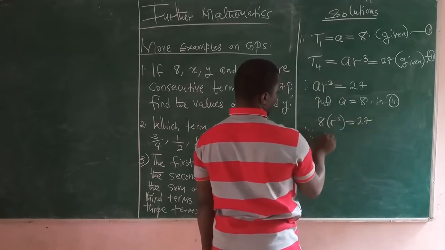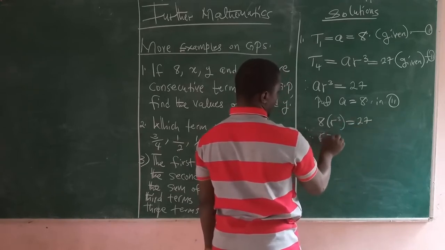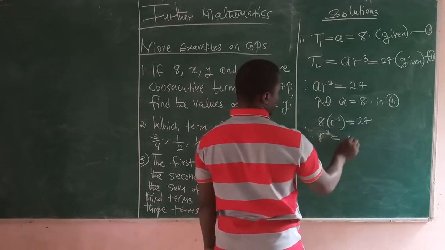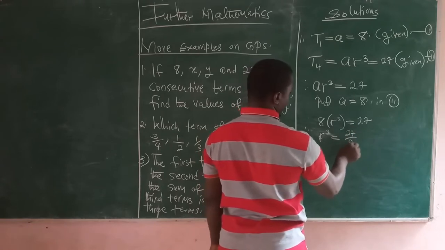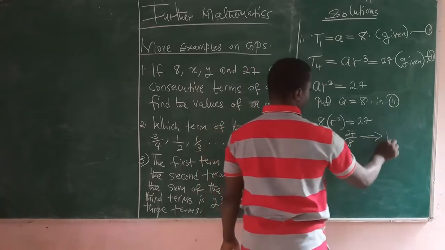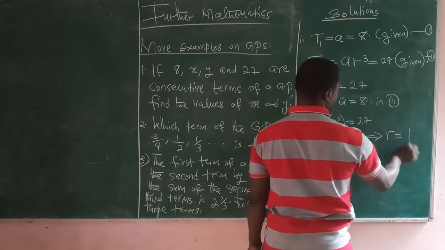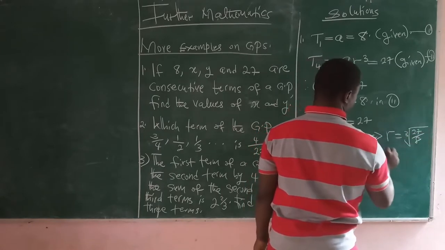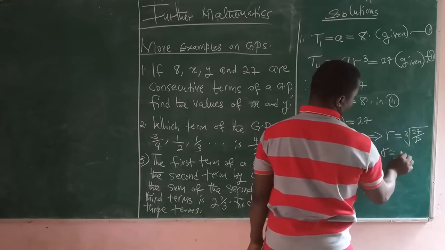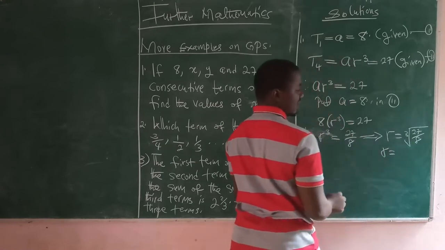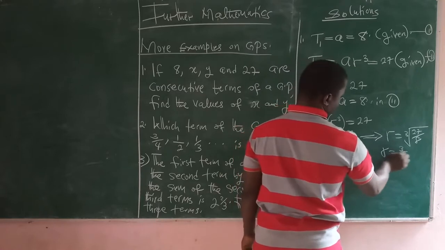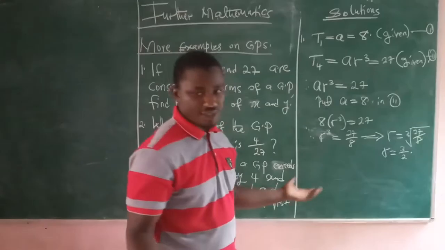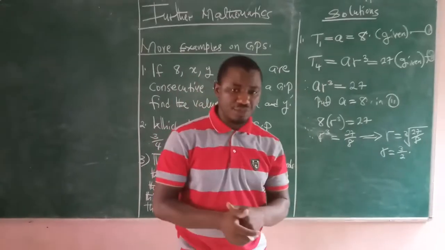And so r cubed is equal to 27 over 8, which implies that r is equal to cube root of 27 over 8. Cube root of 27 is 3, cube root of 8 is 2. So r is equal to 3 over 2. Simple. We have gotten the common ratio.